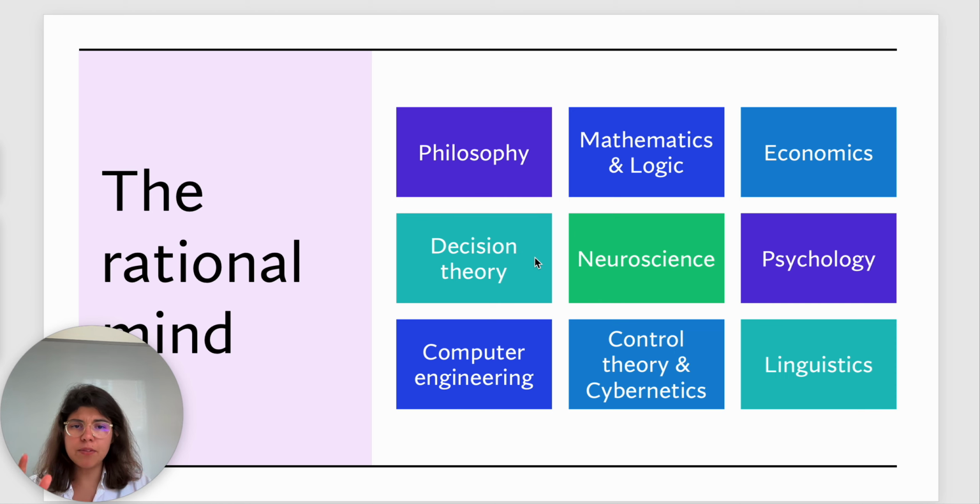And so it becomes very interesting to think about how the question from philosophy, what is an agent, what's rational thinking, becomes a more neurobiological discussion, or a discussion in psychology about behavior, and then linguistics, and then control theory and cybernetics. That means, how can I control the behavior of another agent?